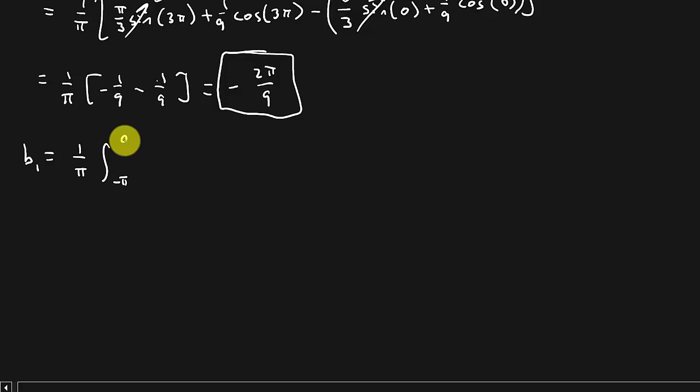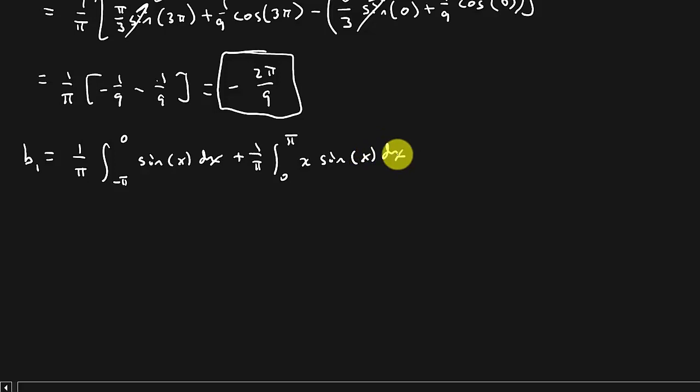And that's going to be what? Our function. So from -pi to 0, our function is 1. So that's going to be 1 times sine x dx plus 1 over pi, 0 to pi, and then our function x times sine x dx.